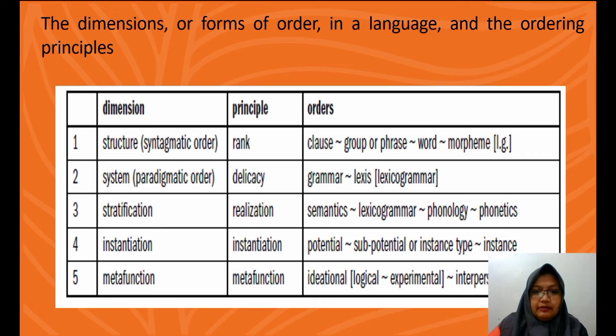For the dimension of metafunction, the principle is metafunction, and the orders are ideational, which is logical or experiential, then interpersonal, and then textual. This is kind of the dimension. For example, metafunction consists of ideational, interpersonal, and textual.